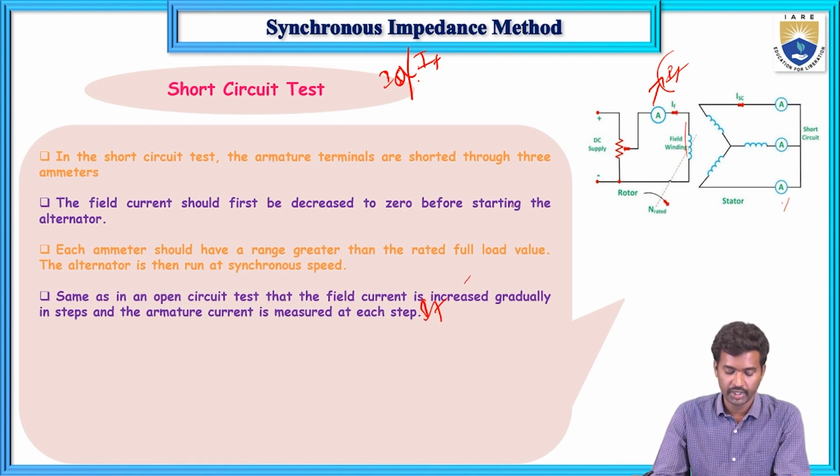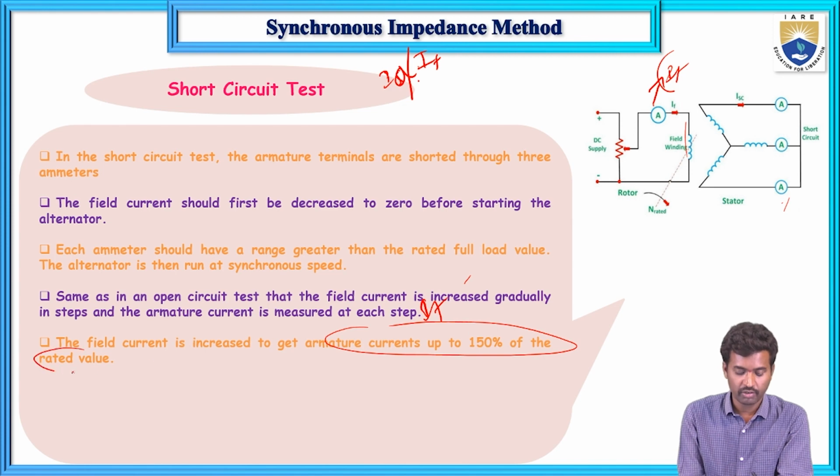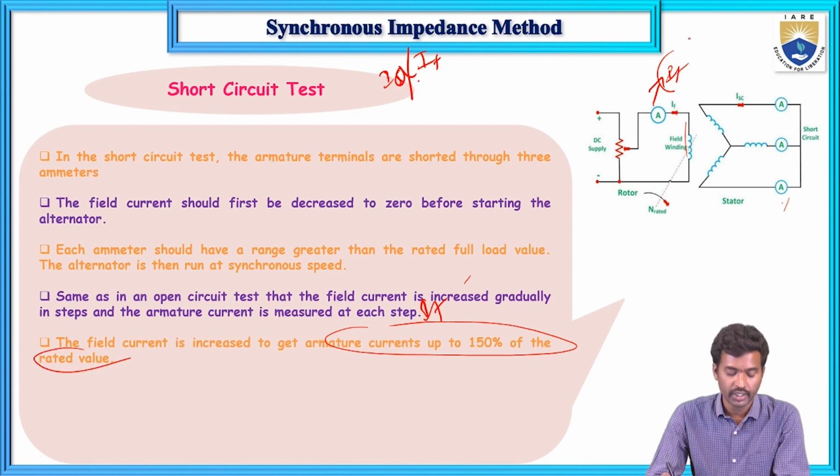Up to what limit? Up to 150% of the rated armature current; the field current is increased to get the armature current up to 150% of rated current. In the open circuit test, it was 25% above the rated armature voltage value.